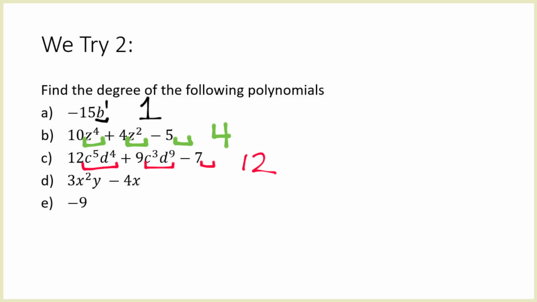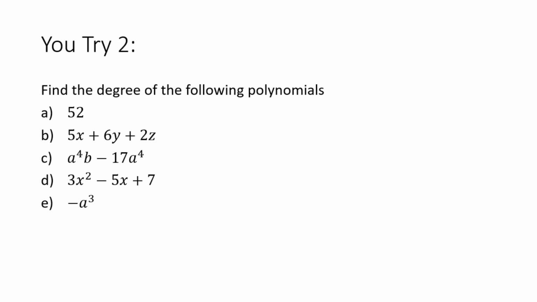Letter D. I have a degree of 3 and a degree of 1. Biggest one out of those is 3. Letter E. I have a degree of 0 because there's no variables. Go ahead and pause the video and try these on your own, and then I'll see you in part C of this series.